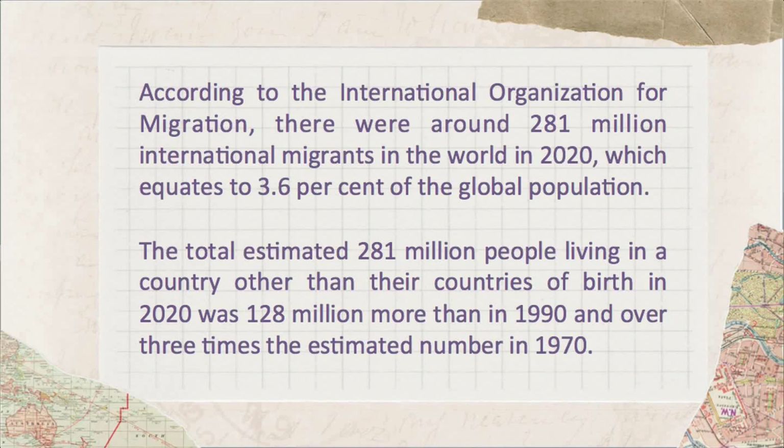The International Organization for Migration also states that the estimated number of international migrants has increased in the past 5 decades. The total estimated 281 million people living in a country other than their countries of birth in 2020 was 128 million in 1990 and over 3 times the estimated number in 1970.